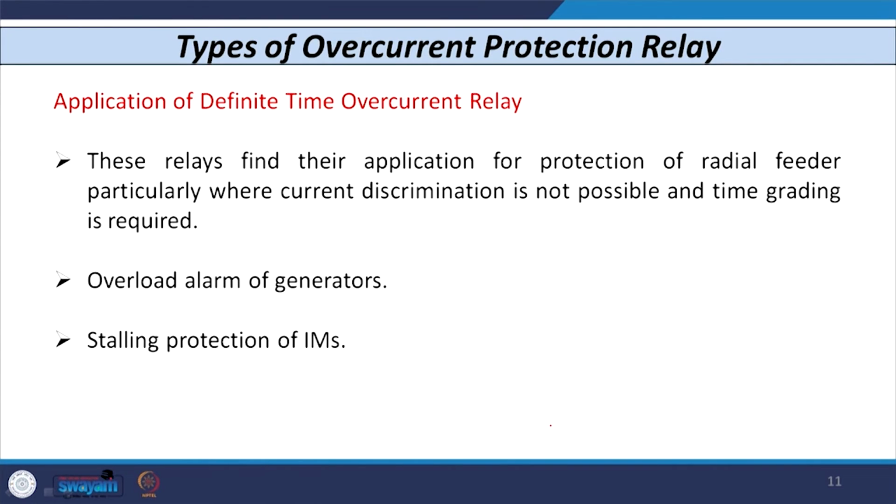Maybe in case of transformer also we can use this type of relay. For stalling protection of induction motors also we can use definite minimum time relay, because stalling is a phenomenon that occurs in induction motor, but in that case instantaneous tripping is not required. So, we can give time delayed tripping with the help of definite minimum time over current relay.